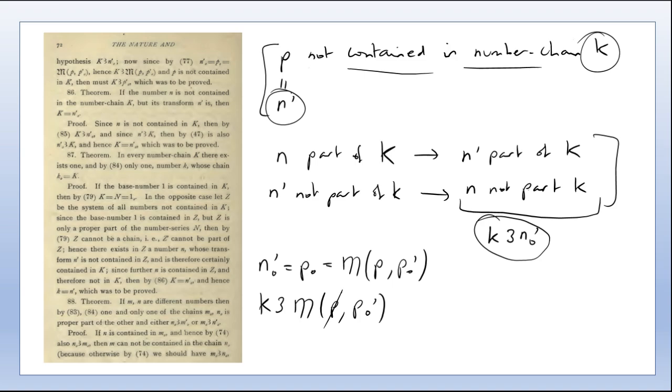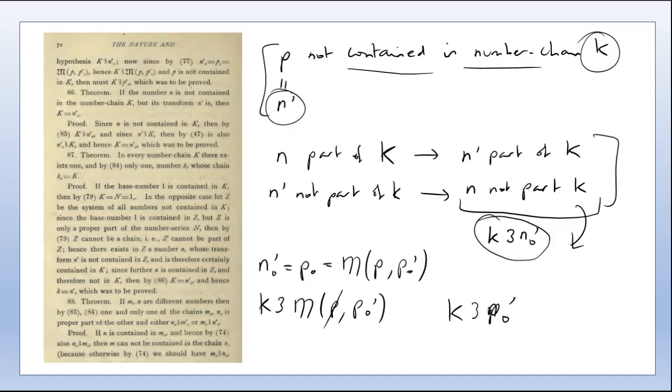So N primed is not a part of K, then that guarantees that N is not a part of K, and therefore K is a part of, by the inductive hypothesis, which allows us to go from N is not a part of K to K is a part of the transform chain of N. Okay, so we've got that K is therefore part of N naught primed. Sorry, P naught primed, which is what we needed to show.